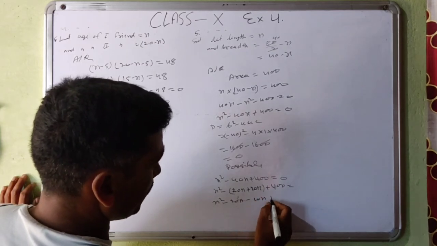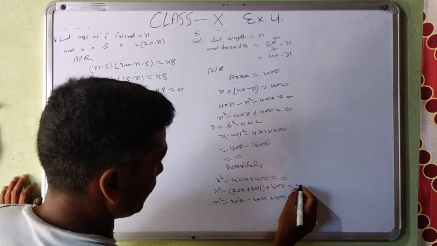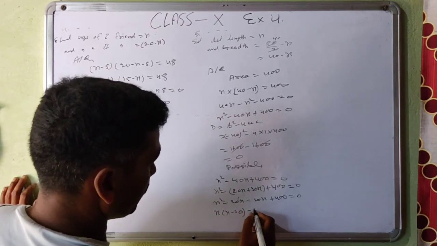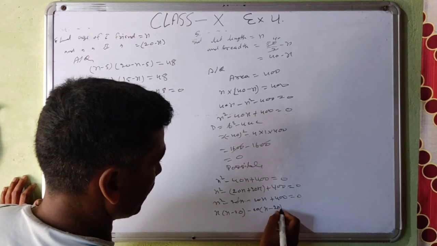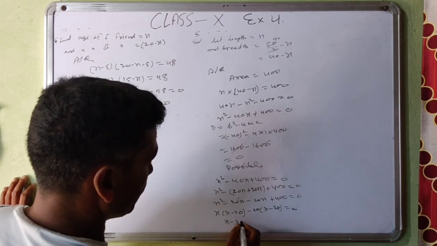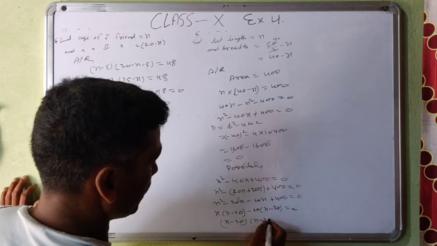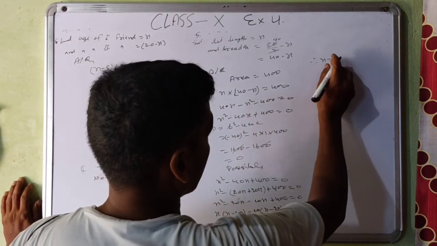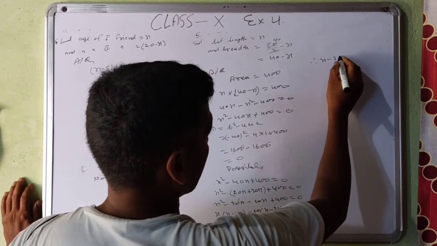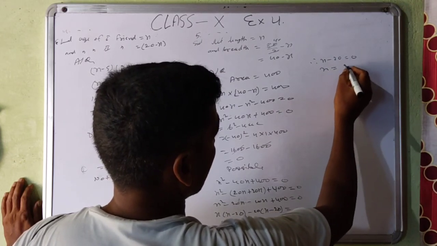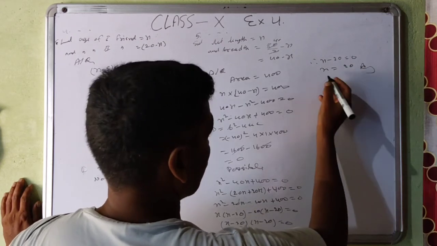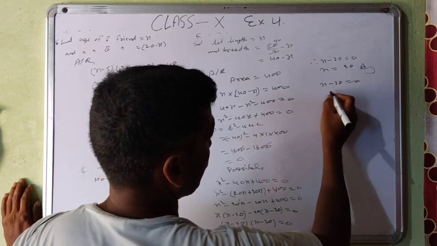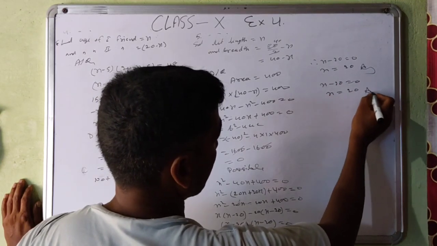Then x is common, so x minus 20, and minus 20 is common, so x minus 20 is equal to 0. Now x minus 20 and x minus 20 is equal to 0. So x is equal to 20, the first answer. Two equal real roots means the second answer will also be the same, so x is equal to 20, the second answer.